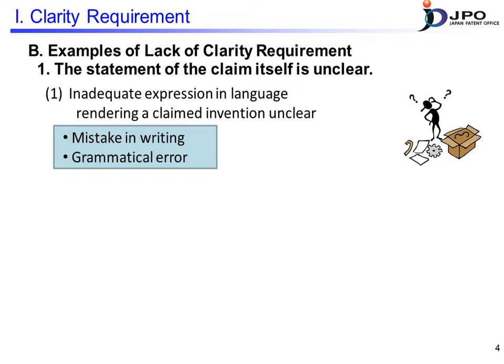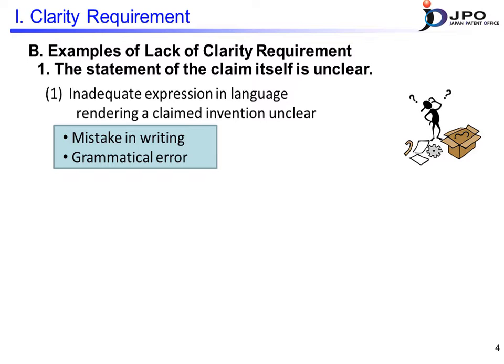First, even if a case does not correspond to any one of the 7 types, this does not immediately mean that the claim is clear. Second, even if a case seems to correspond formally to one of the 7 types, there are cases where the statement of the claim can be clearly understood based on the description or drawings, or based on the common general knowledge of a person skilled in the art.